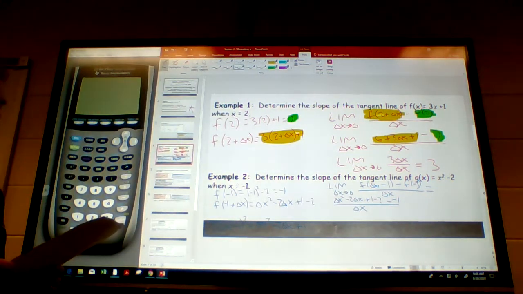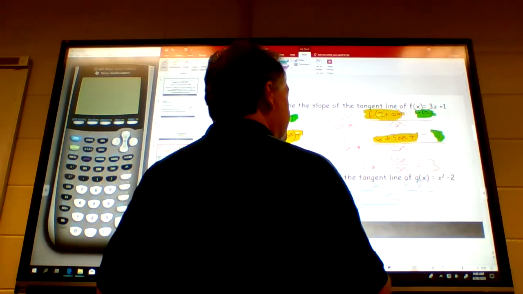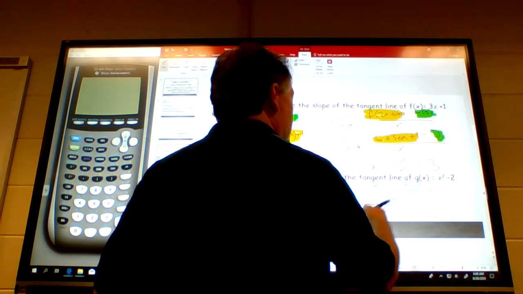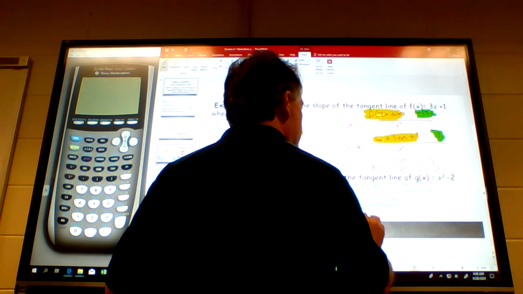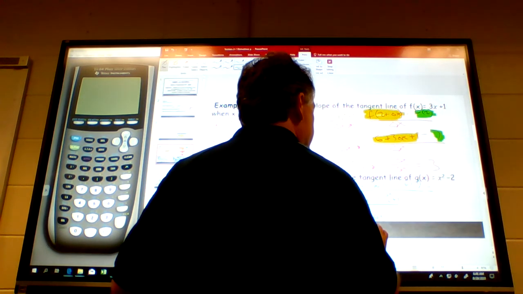All right, so what we do then, simplify the terms. Now that becomes plus positive, so the 2's cancel out, and I'm left with delta x squared minus 2 delta x all over delta x.